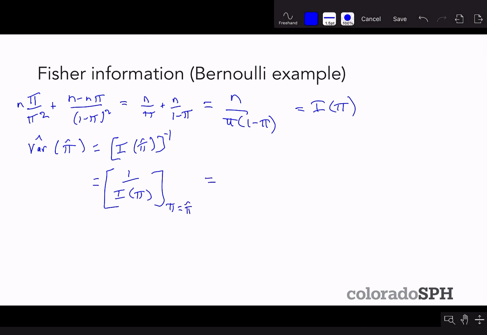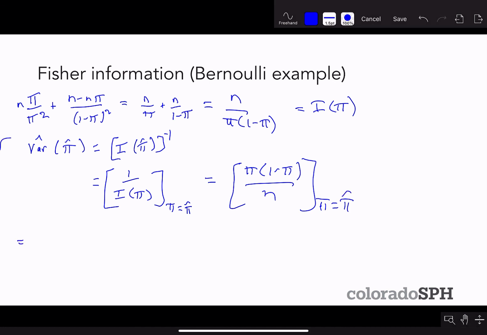That's equal to pi times 1 minus pi over n, with pi equals pi hat, which is equal to pi hat times 1 minus pi hat over n.